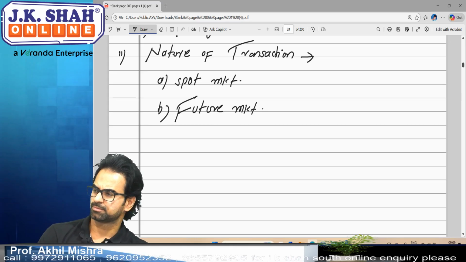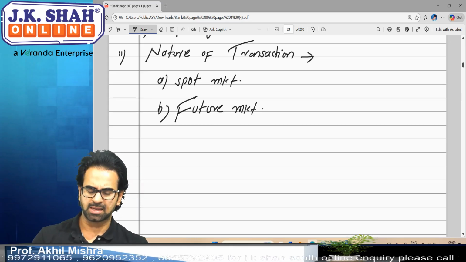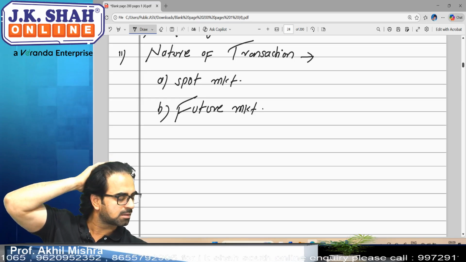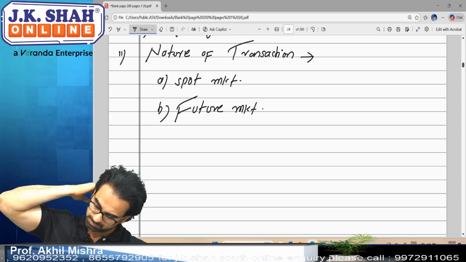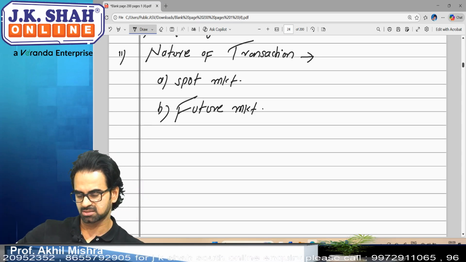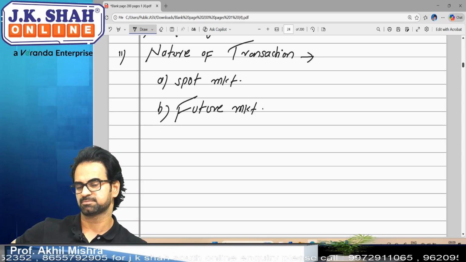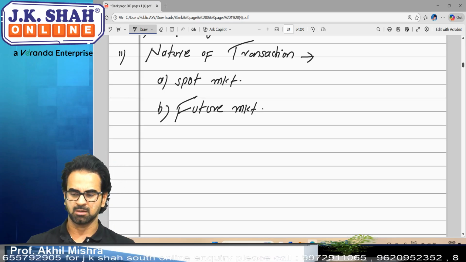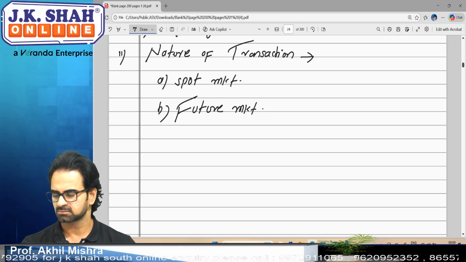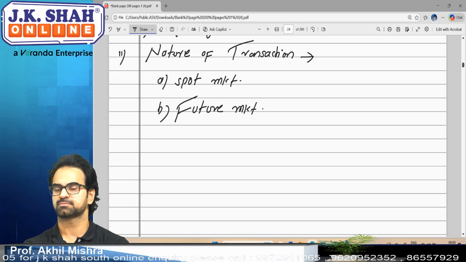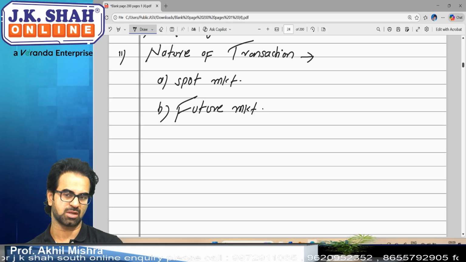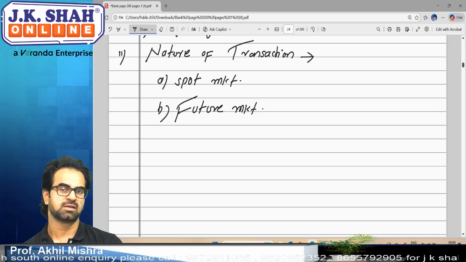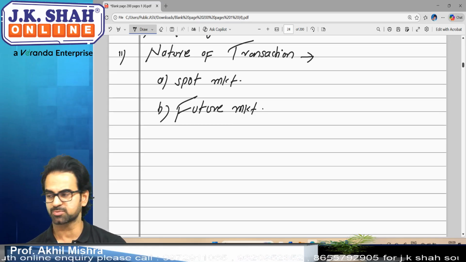Spot means where you are buying and selling activities. I mean, you buy, somebody buys, you sell, and transactions are settled at the same time. What is settling of transactions? Somebody wants to buy a product. He buys the product and he pays you as well. It's called settlement. You gave him goods, he pays you money, and finish. This is spot market.